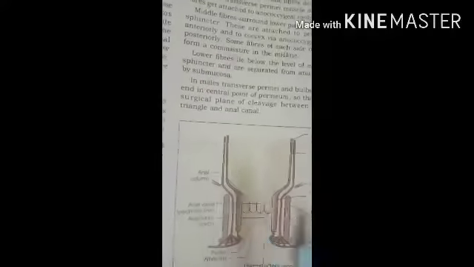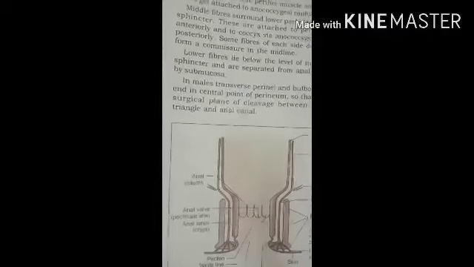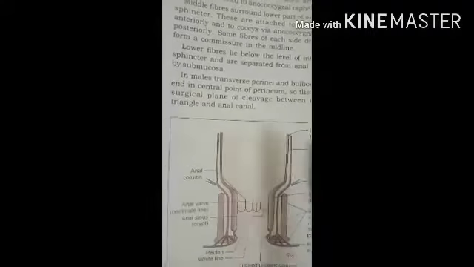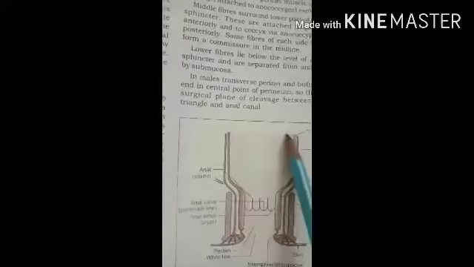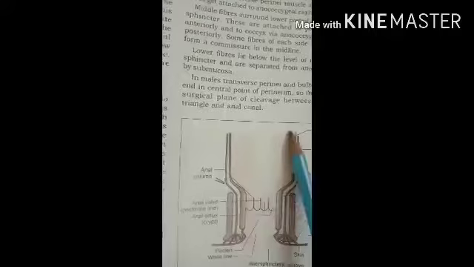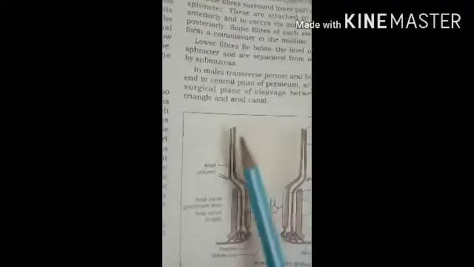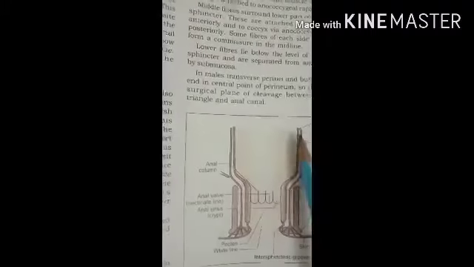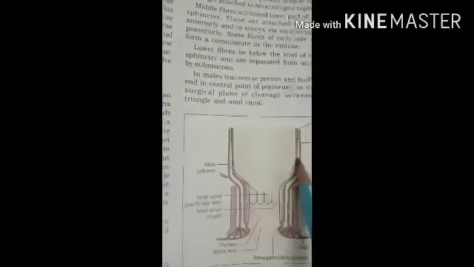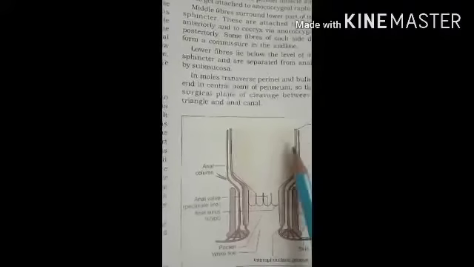After that, the histology of the rectum. The same 4 layers are present in the rectum. Internally it is covered by the mucous membrane, which consists of columnar epithelial cells. Then outer to it is the submucous layer, made of loose connective tissue and consisting of blood vessels, glands and nerves.